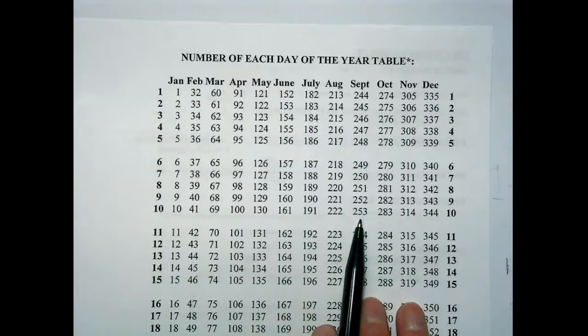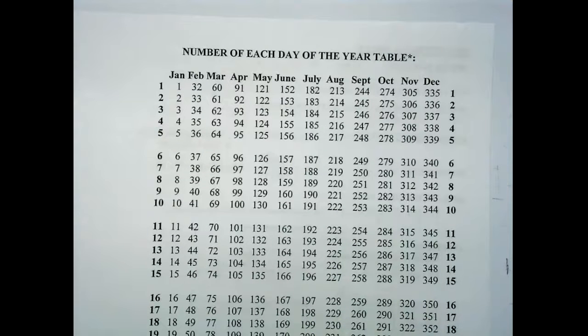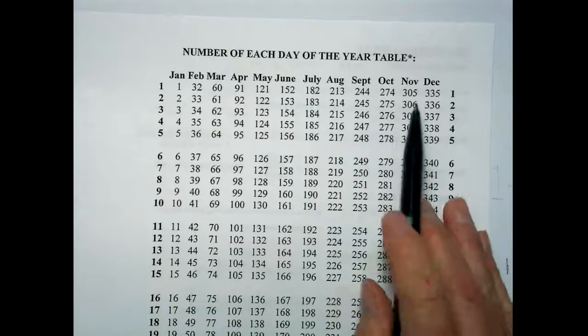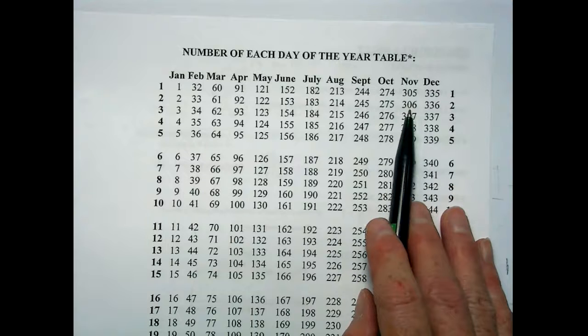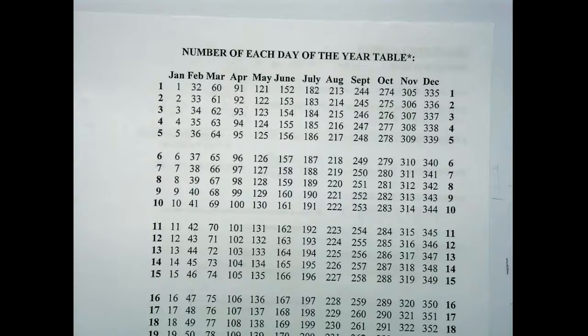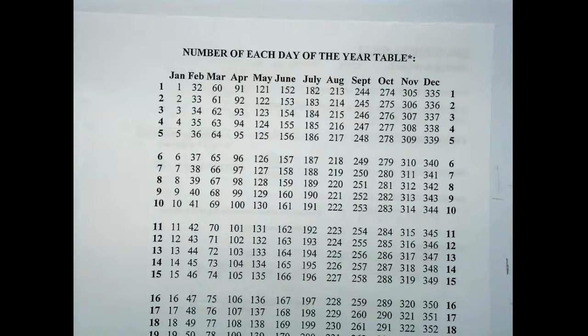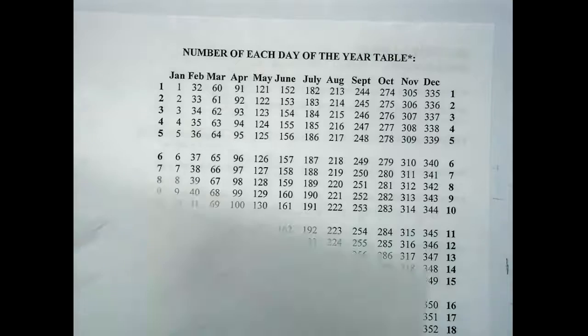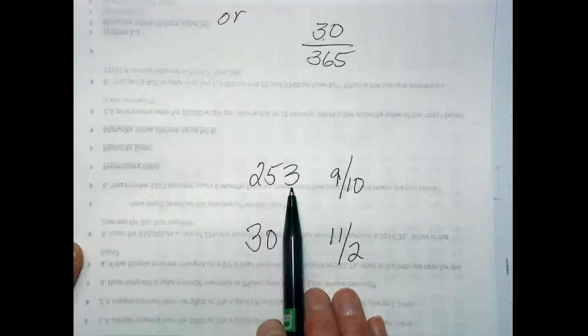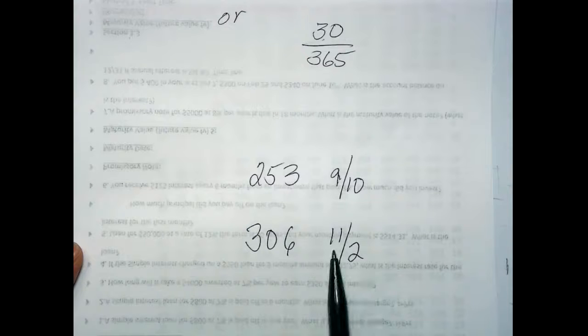So if I put money in the bank today, 253, which is September 10th, and let's say I took it out on November 2nd. November 2nd is day 306. So September 10th was 253, and I take it out on November 2nd, 306.